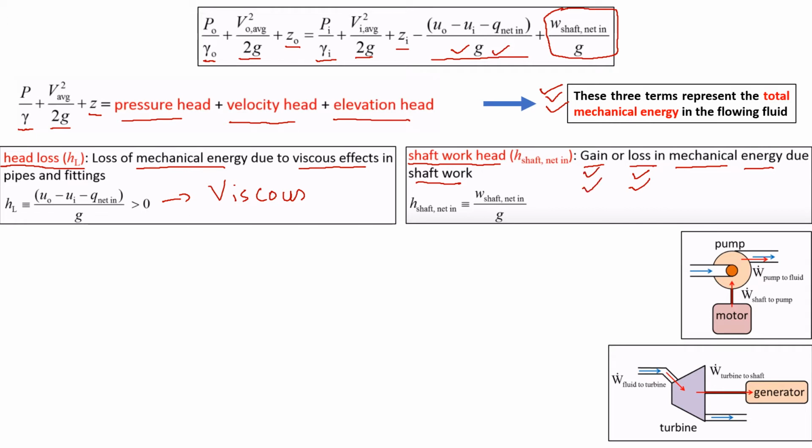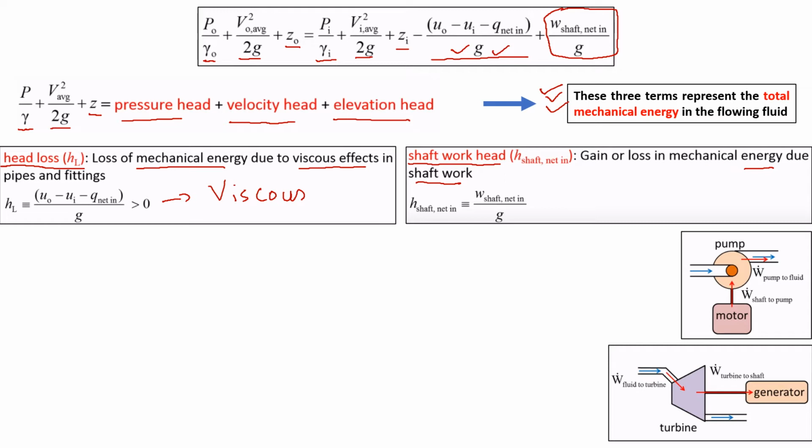So the shaft work head can be the gain in mechanical energy or the loss in mechanical energy, depending on what situation we are working on, either a pump or a generator. In that case, we will represent this shaft work head with a positive or negative sign, as we have done in the previous lecture.